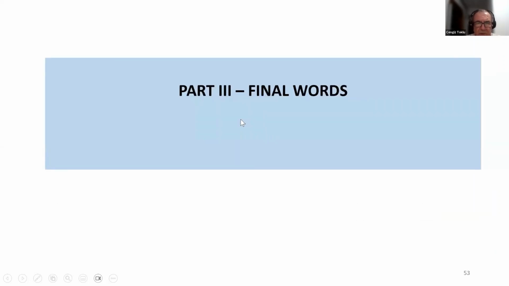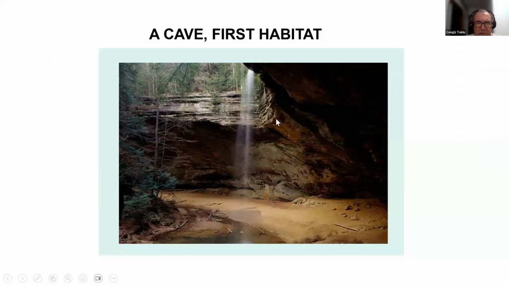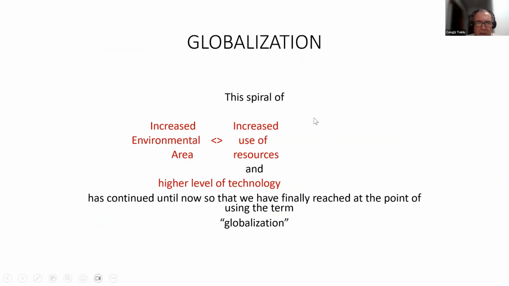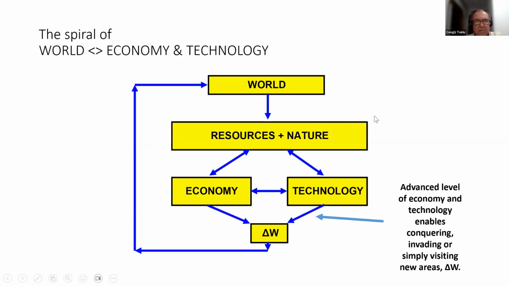Now, I want to give a few words lastly. I think there is a spiral of world history, which is something like this. If we are in a region with some resources, with a given nature, that resources and nature give us our economy and technology.